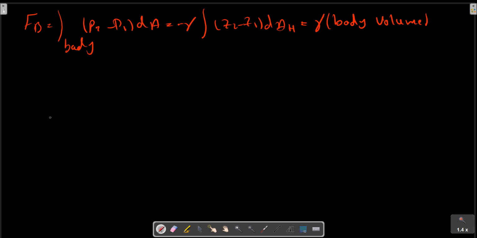In this equation, assume that the fluid has uniform specific weight. The line of action of the buoyant force passes through the center of volume of the displaced body, that is its center of mass, computed as if it had uniform density. This point through which FB acts is called the center of buoyancy.